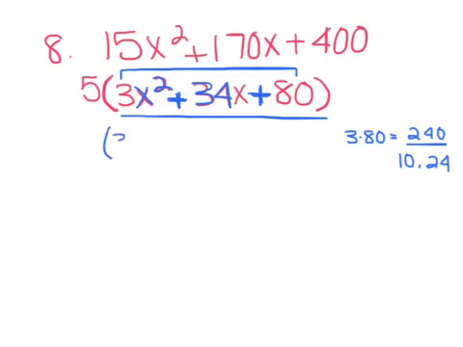So now we have 3x squared plus 24x plus 10x plus 80. Remember, you rewrite the 34 as 24 and 10. You're rewriting that middle b term, 34x, as 24x and 10x.